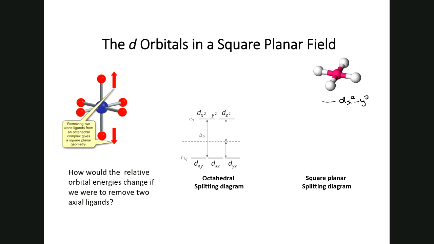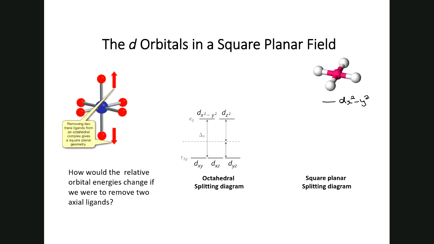The two things aren't oriented the same, but we can say that the dx squared minus y squared is going to be on the xy axis, and a square planar complex is also going to be in the xy plane. Does that sort it out, or did I not answer your question?